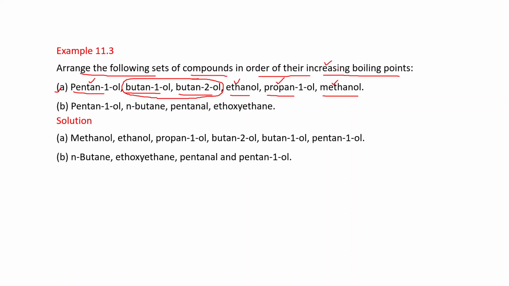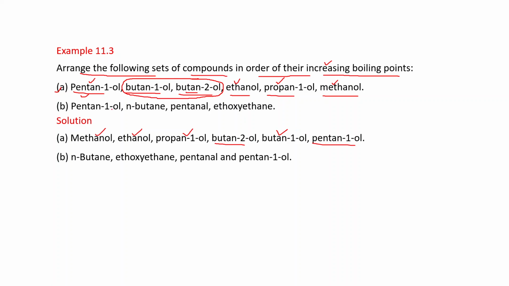The lowest boiling point is for methanol, then ethanol, then propan-1-ol. Now out of butan-2-ol and butan-1-ol, butan-2-ol has branching. That's why its boiling point is less than butan-1-ol. So this is butan-2-ol, then butan-1-ol, and highest for pentan-1-ol.